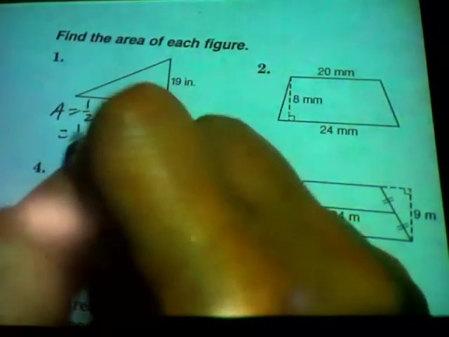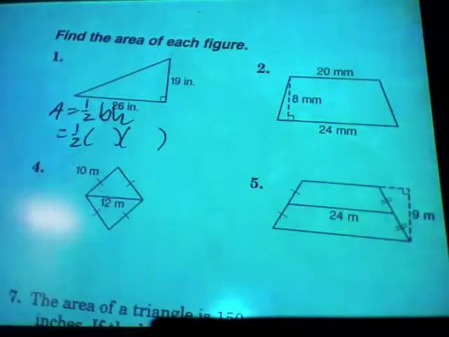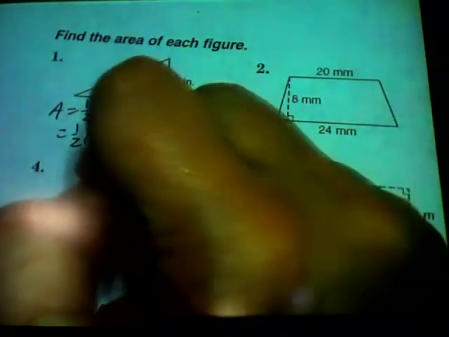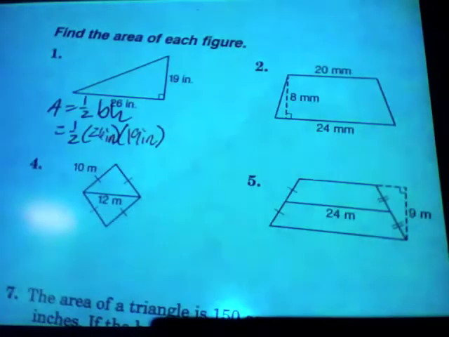And so you've got 1/2, use your units of measure. So my base is 26 inches, and my height is 19 inches. And then you can use your handy dandy calculator.